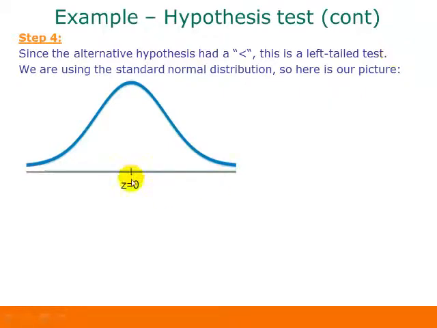So we've got z equals 0 in the middle of our distribution, and here's where our test statistic was negative 1.91. And since we're doing a left-tailed test, we're shading to the left of our test statistic. Our p-value is the area of the shaded part here.